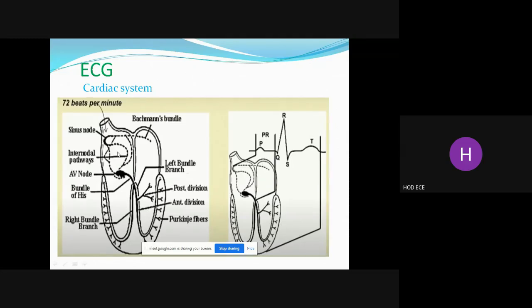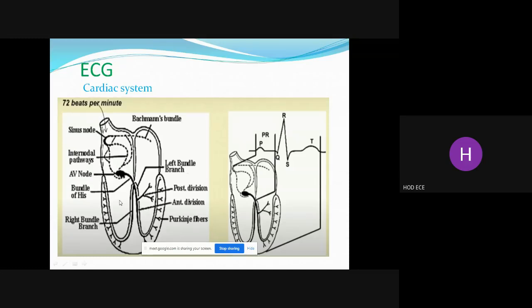The right one collects the blood from the veins of the body, which is rich in carbon dioxide. And the left atrium collects the blood from the lungs, which is rich in oxygen.